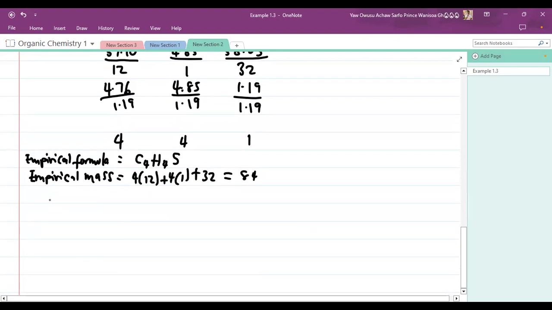And then the molecular mass is equal to N times the empirical mass.